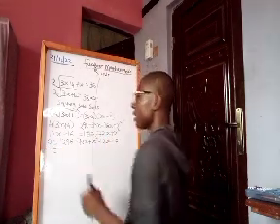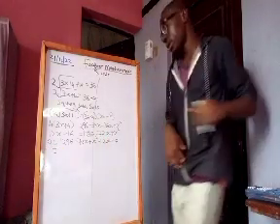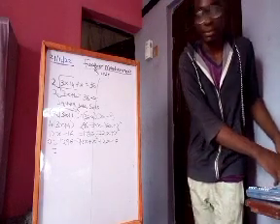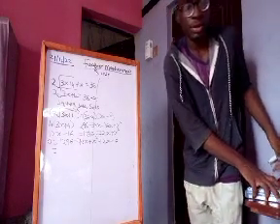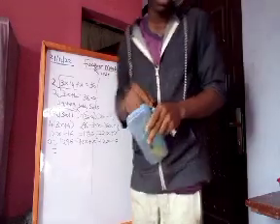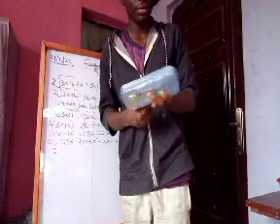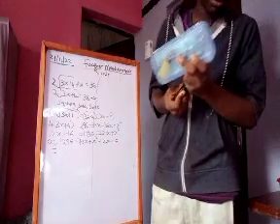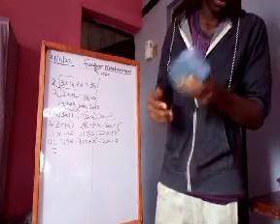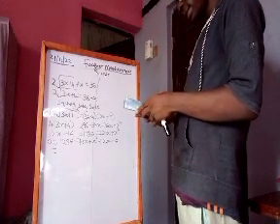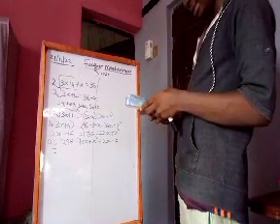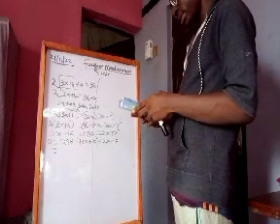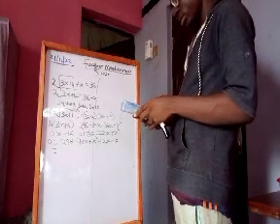So 1296 minus 16 is what? So let's try to make sure we are doing the right thing. 1296 minus 16, that's 1280.